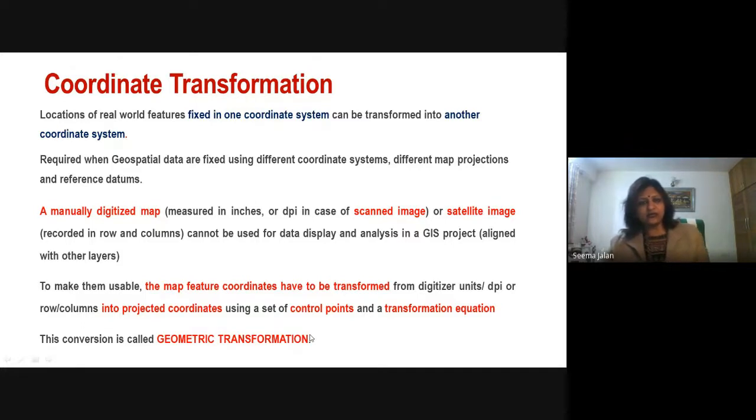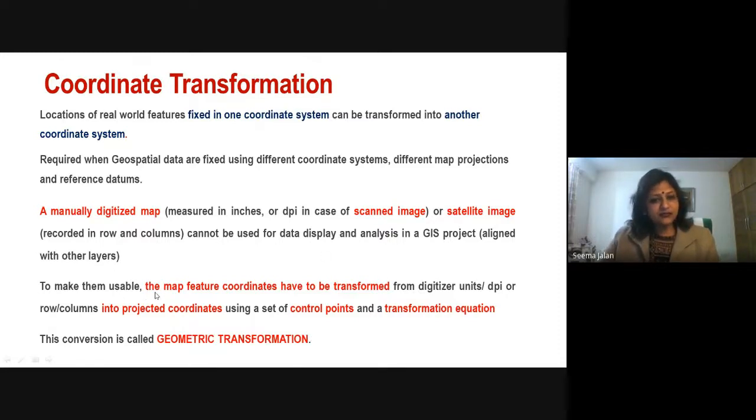I want to overlay the land use layer on it. I want to overlay the geomorphology of this region on it. I want to overlay the road network on that. So I want to overlay so many different types of information. So in my GIS project, I cannot overlay them unless they are referenced to one particular coordinate system.